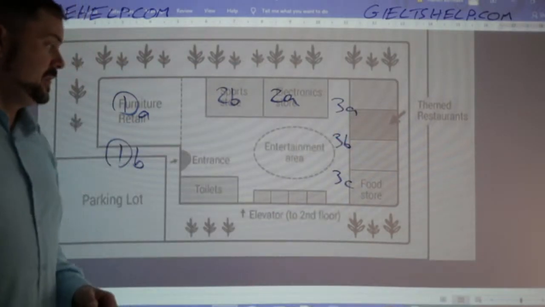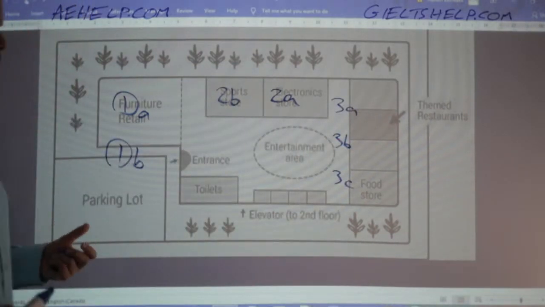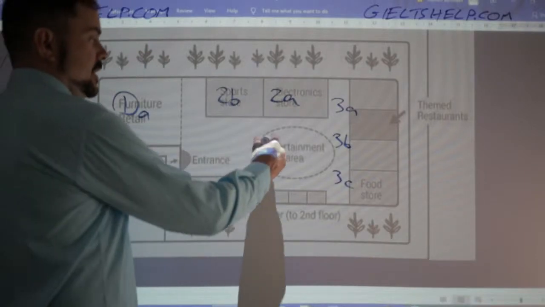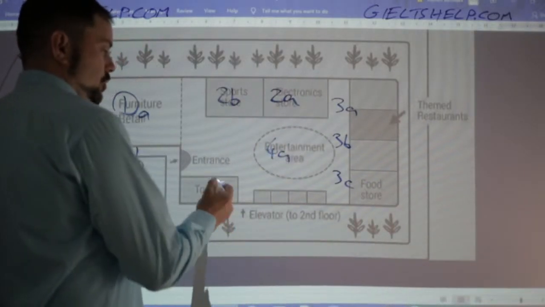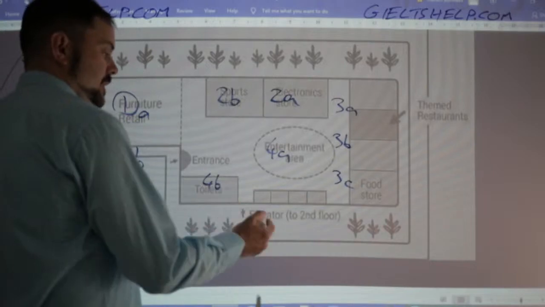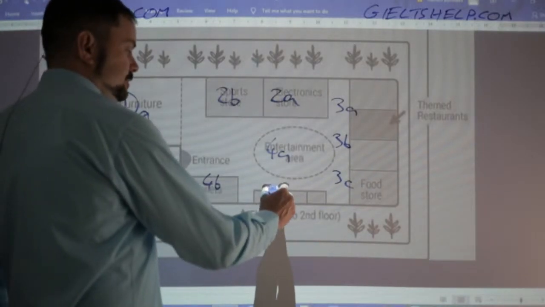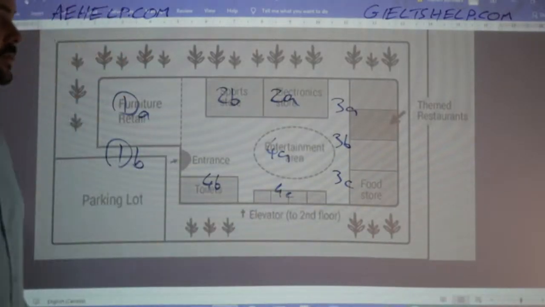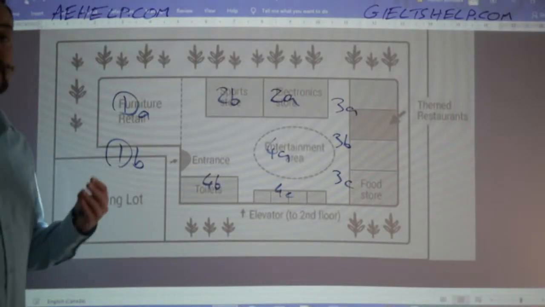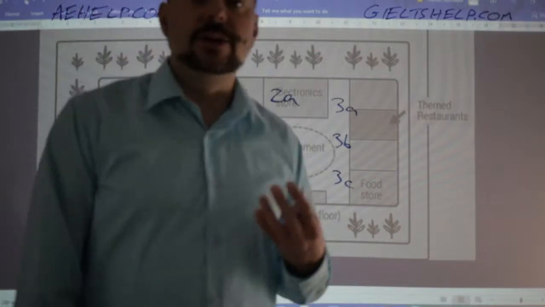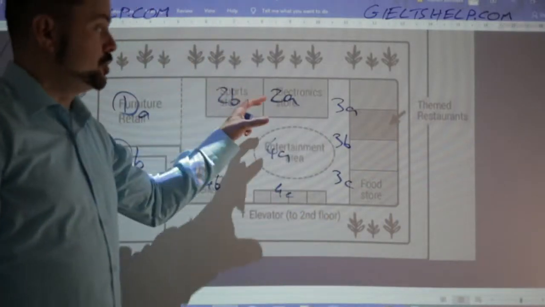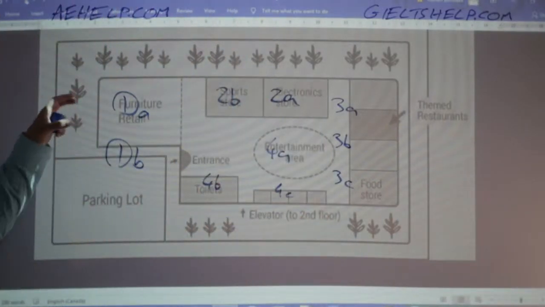All right, now moving along, the entertainment area, the toilets, and the elevators remain in their original locations. So for me, analyzing the diagrams, this makes the most sense: start with the biggest changes.